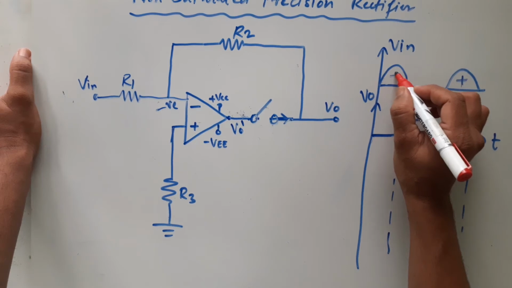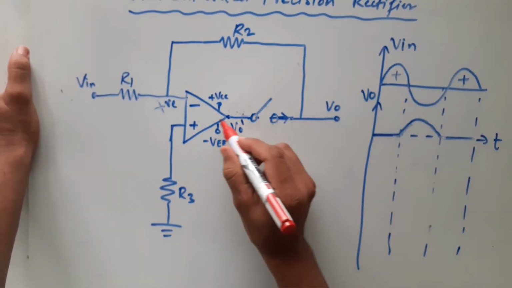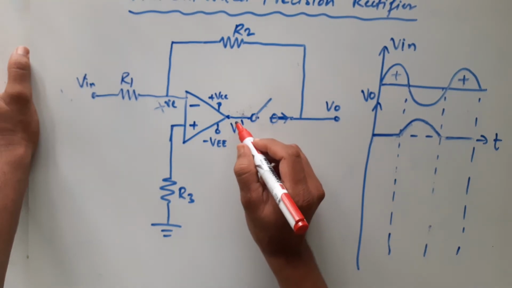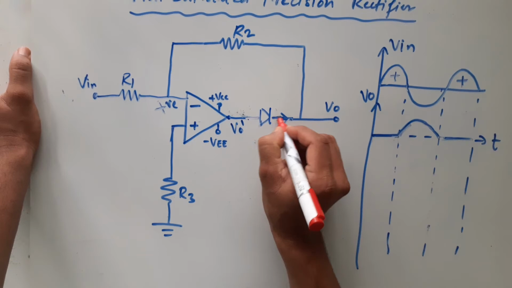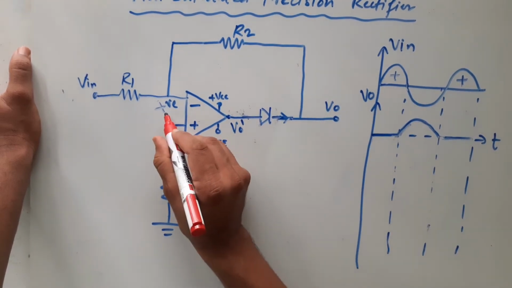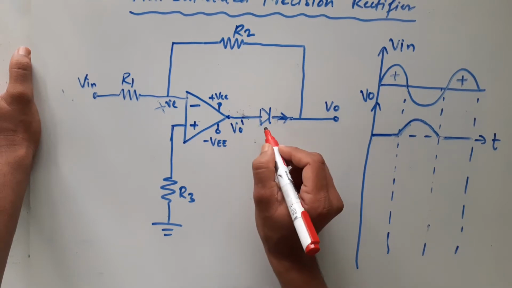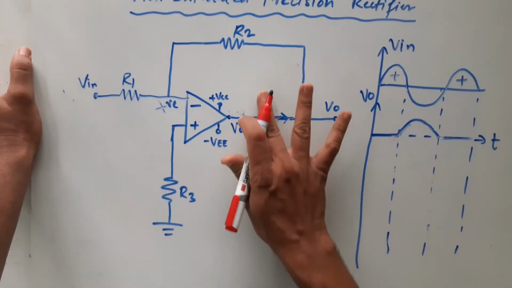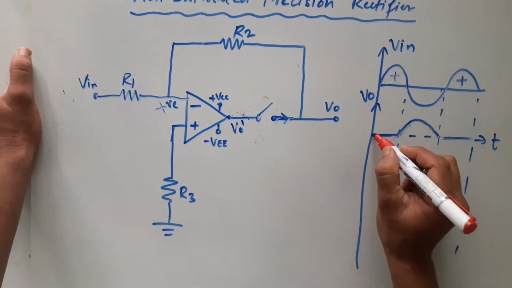When we apply positive input here, this will give you a negative output, right? Negative output will not conduct your diode, you know that. Here we have a diode. This negative output will not drive your diode, right? Diode will work as an open switch. Alright, you will not get any output.